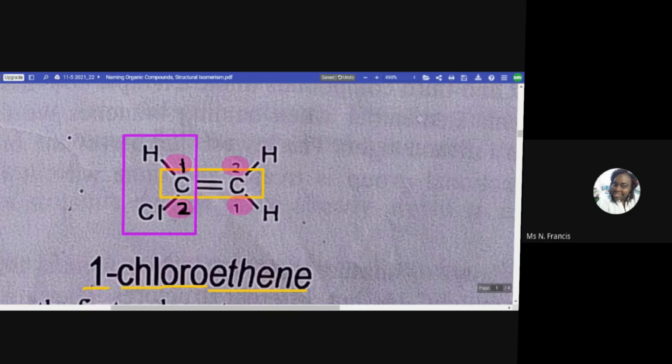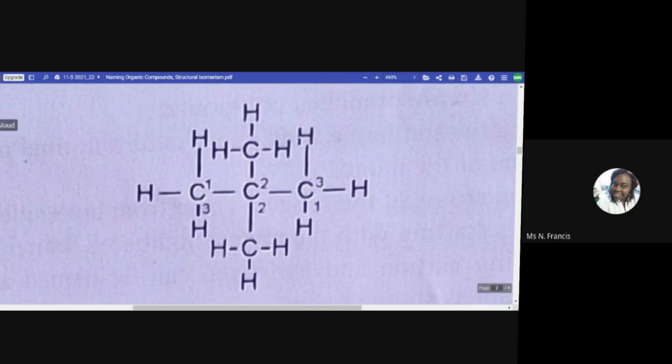All right, examine this one carefully, ladies. We're going to try and identify our main chain. Is there a particular way that I can run? So I'm going to show you. I'm going to run my highlighter through all the possible carbons.